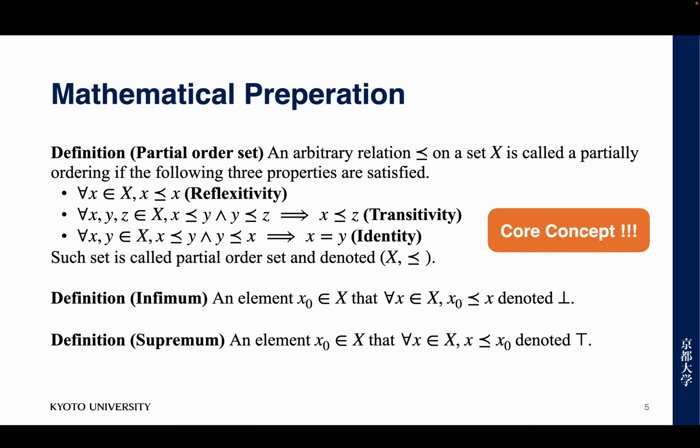For any three elements x, y, and z in X, if x is smaller or equal to y, and y is smaller or equal to z, then x should be smaller or equal to z, namely the transitivity. Finally, if x is smaller or equal to y, and y is smaller or equal to x, then x is basically equal to y, namely the antisymmetry.